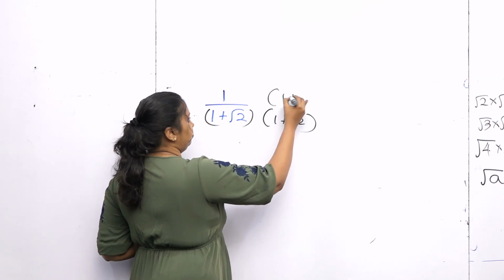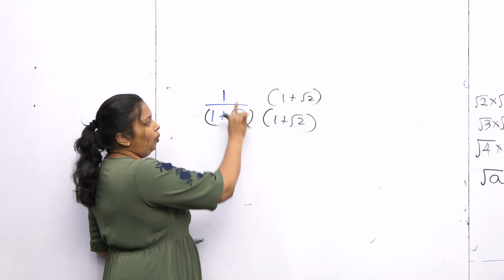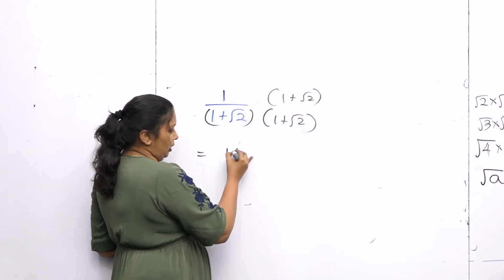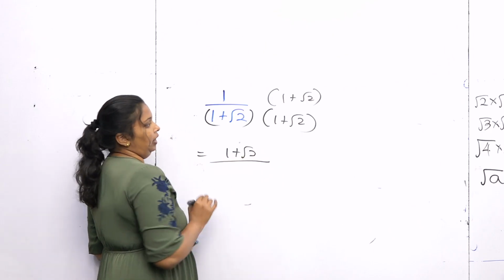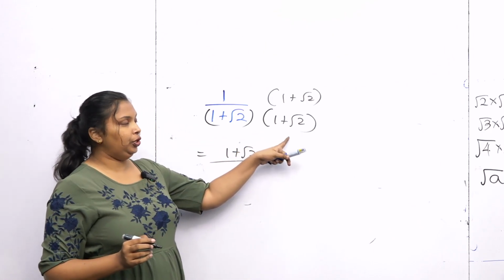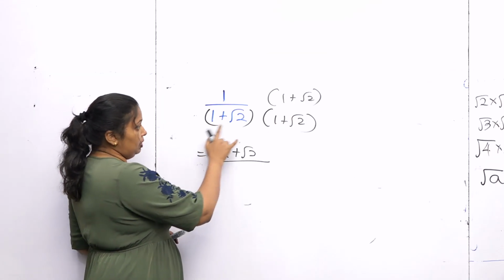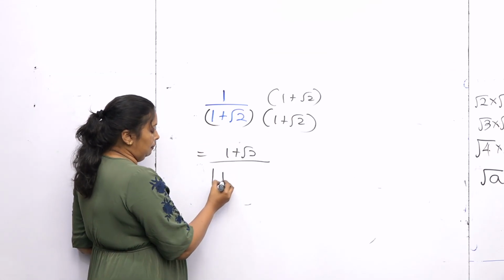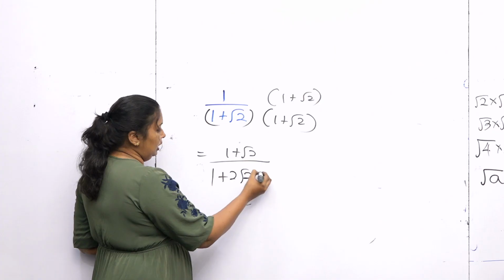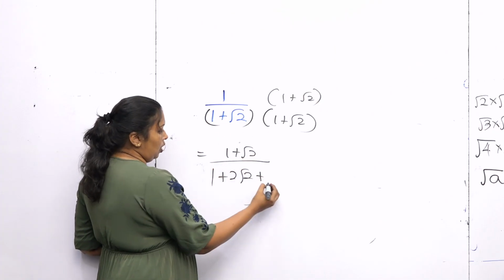Let's see. 1 into 1 plus root 2, 1 plus root 2. And now we have 1 plus root 2 into 1 plus root 2, which is equal to 1 plus root 2 squared. 1 plus root 2 squared means 1 plus 2 root 2 plus root 2 squared, which is 2.